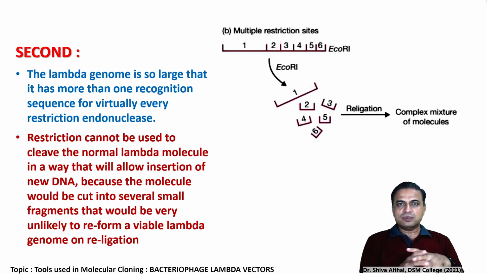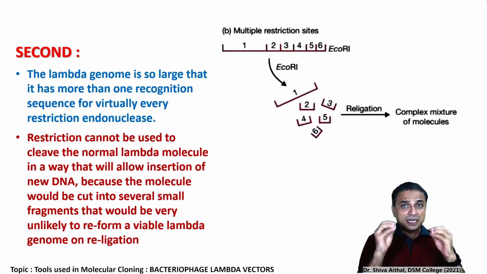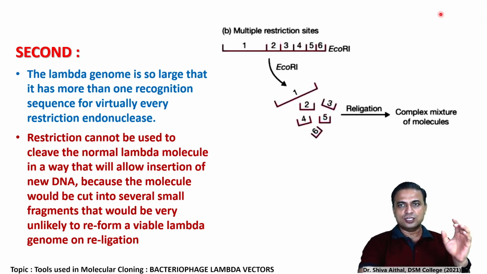The second problem is that there are multiple restriction sites, that is the restriction endonucleolytic cleavage sites. For example, you take EcoR1 enzyme and this is the length of the lambda phage.